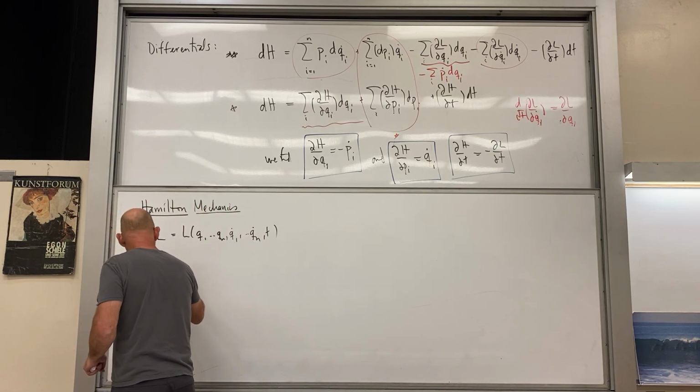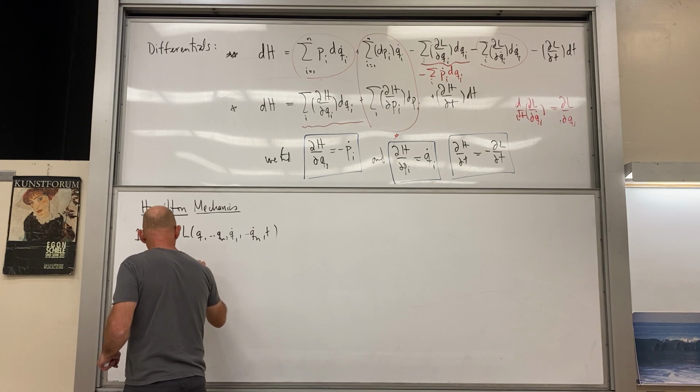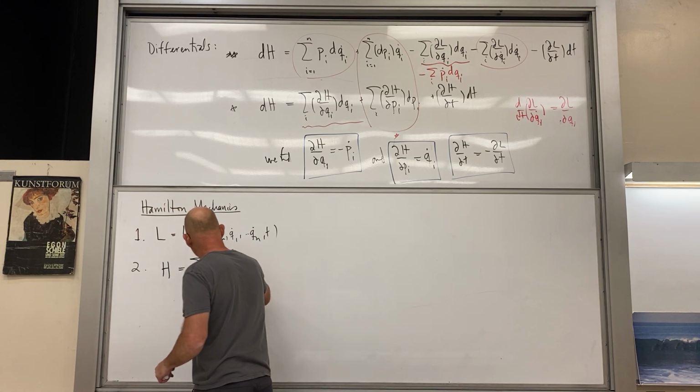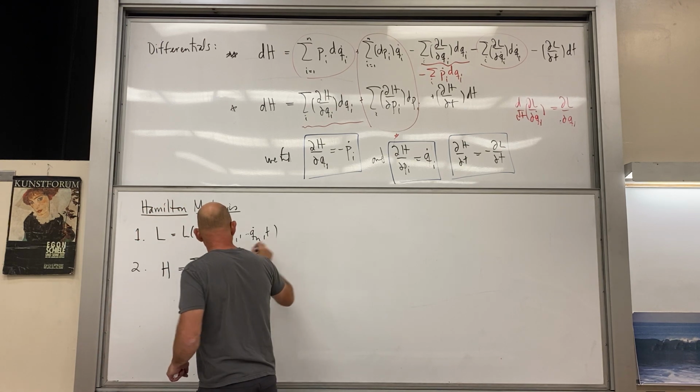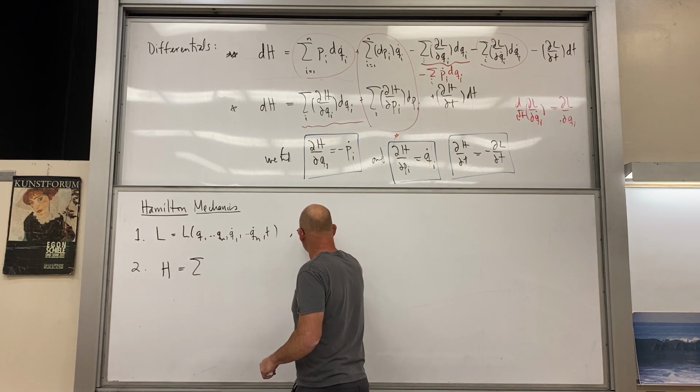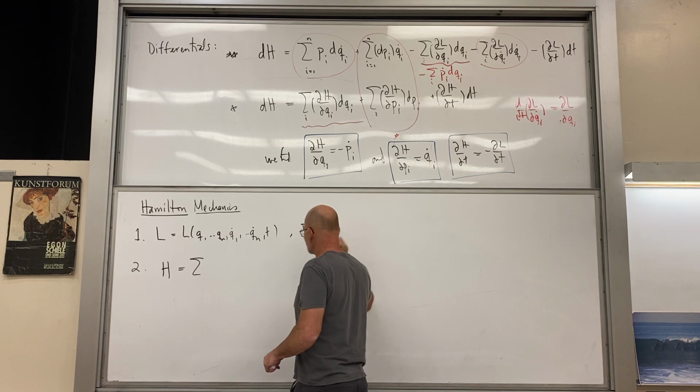Then you take your p_i, and here I'll write p_i is ∂L/∂q_i dot.